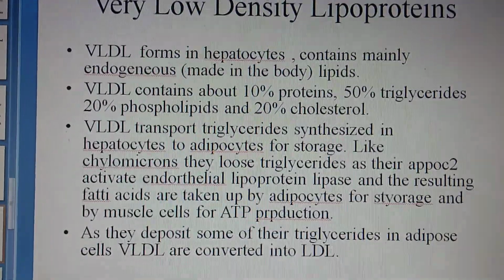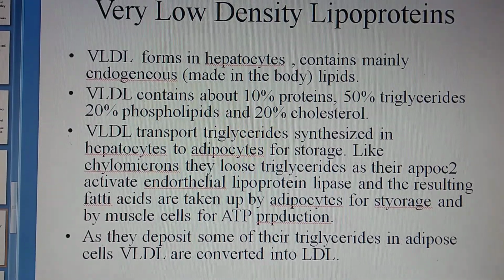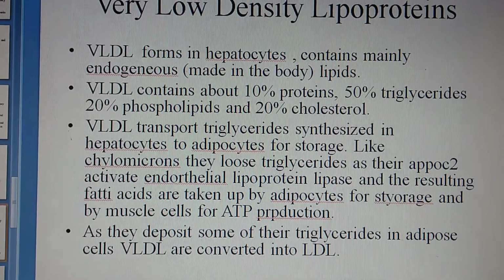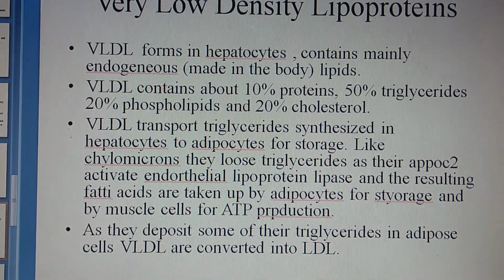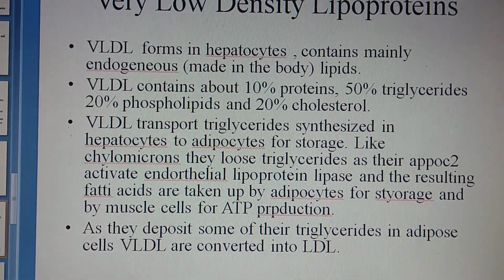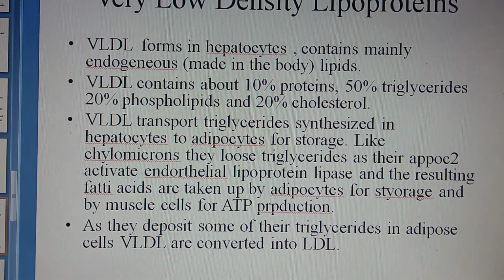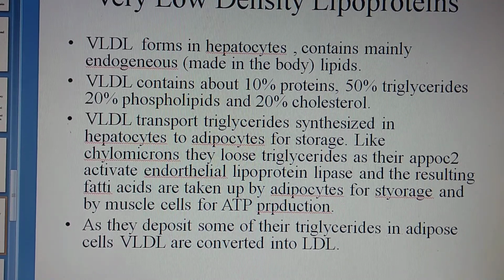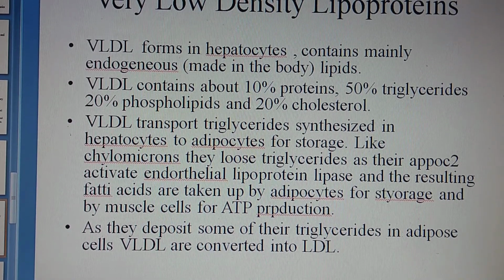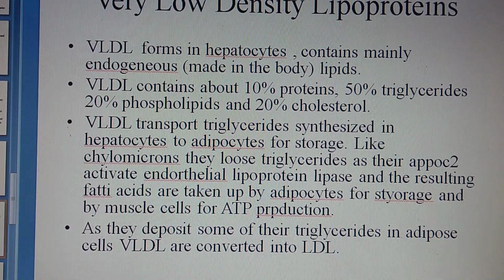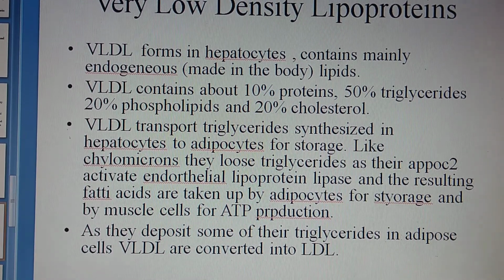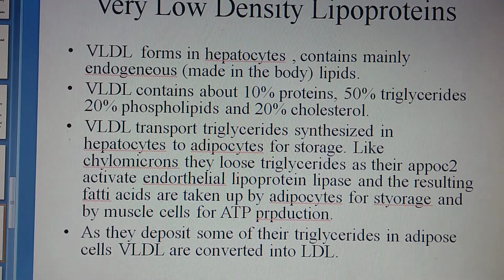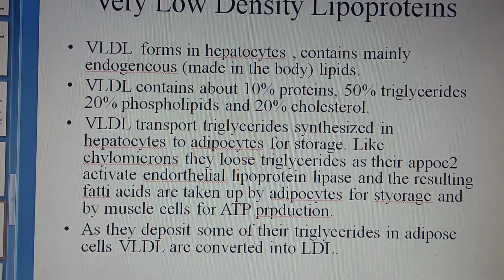Now let us see about the very low density lipoprotein, which is shortly called VLDL. VLDL forms in hepatocytes and contains mainly endogenous lipids, that means made in the body. VLDL contains about 10% proteins, 50% triglycerides, 20% phospholipids, and 20% cholesterol. VLDL transports triglyceride synthesized in the hepatocyte to adipocytes for storage.